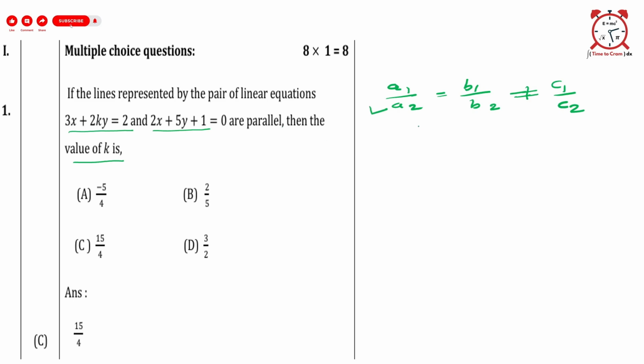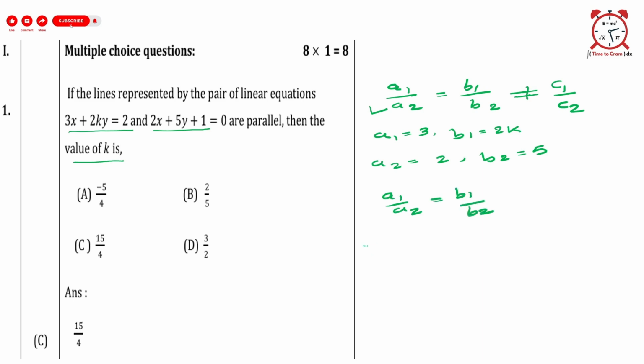From the first equation, a1 equals 3, b1 equals 2k, a2 equals 2 and b2 equals 5. So the ratio a1 by a2 equals b1 by b2.